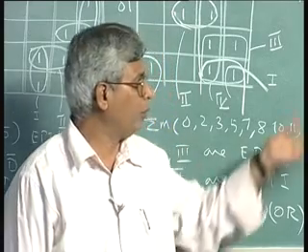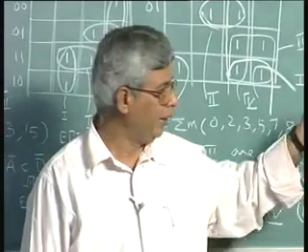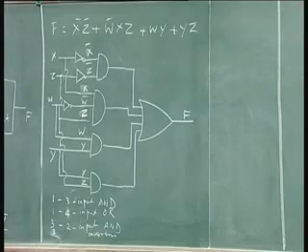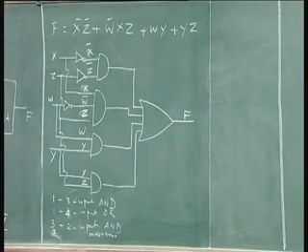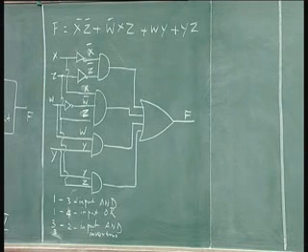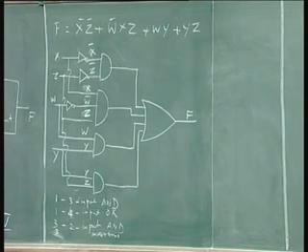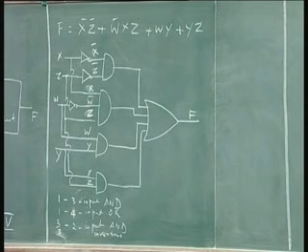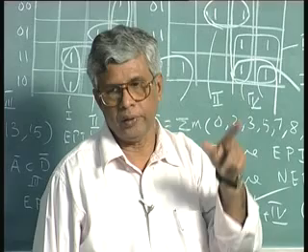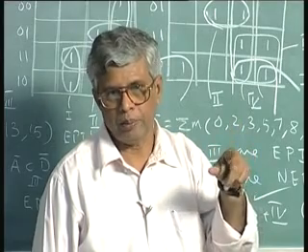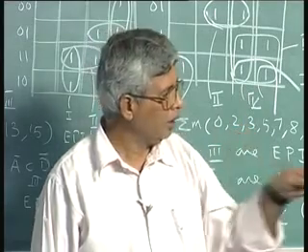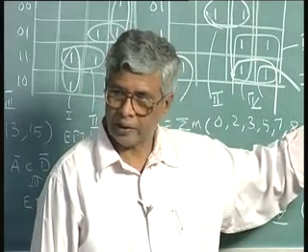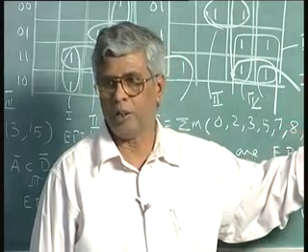W, X, Y, Z may be 4 parameters you are monitoring, and the incidence of the parameters in this particular way will trigger an event at the output of this system. That could be an example of the use of this. So you go for a description of the truth table and the Boolean relationship, mapping, and then simplification, drawing the circuit, and then of course you have to get the components, build it and test it.